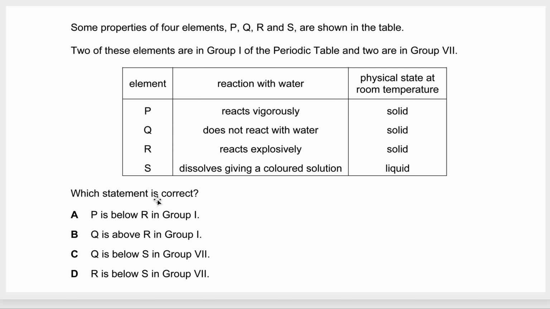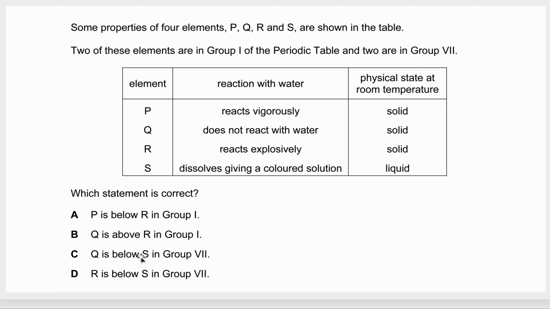So which statement is correct? P is below R in group 1? No. We already know the opposite. Q is above R in the periodic table? Q is a solid, so this is iodine and this is bromine, so this is not true because Q is lower in the periodic table.